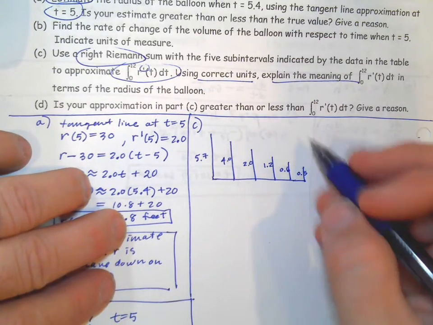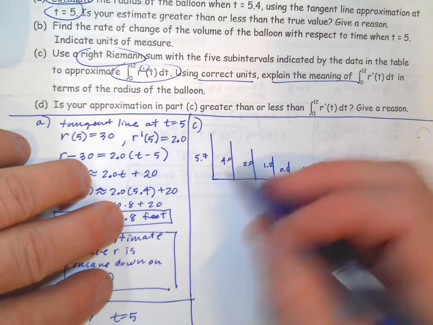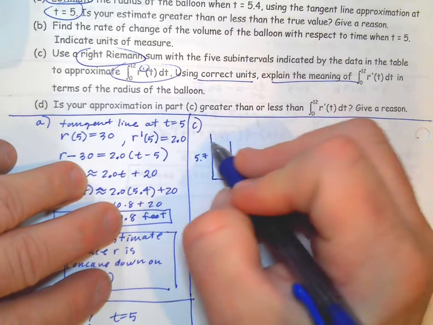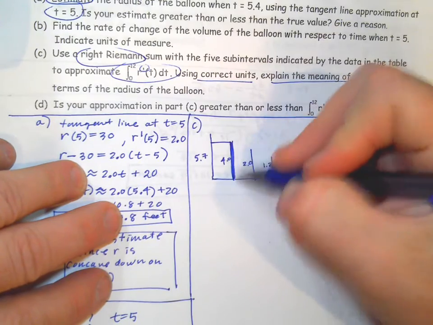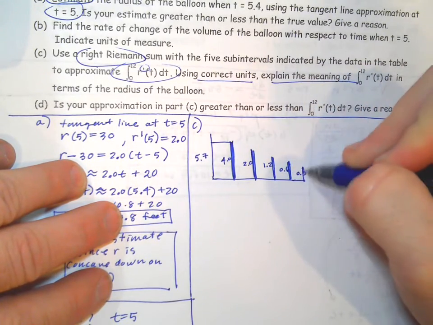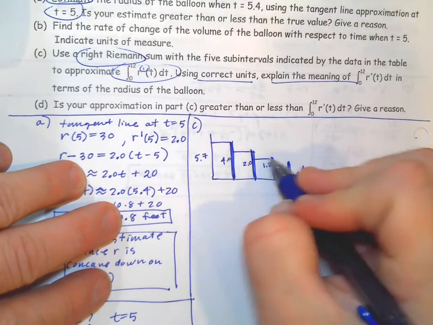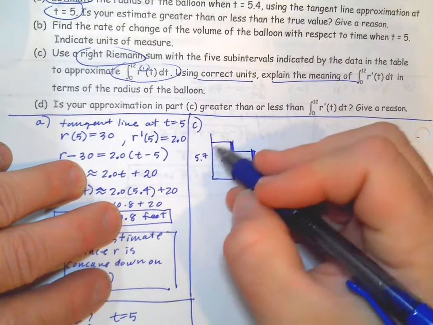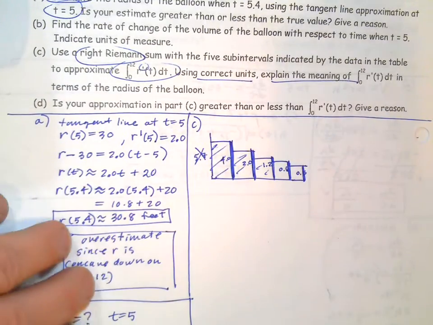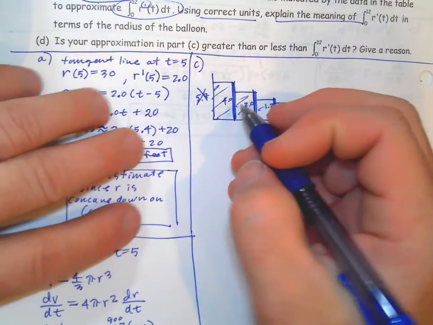This is just to help me. This is not going to give me any points. Any work shown here I shouldn't depend on for points. Right Riemann sum means we're using the right side for each rectangle to find the area. Right, so we're not going to even use this one this time. So we need to set this up.